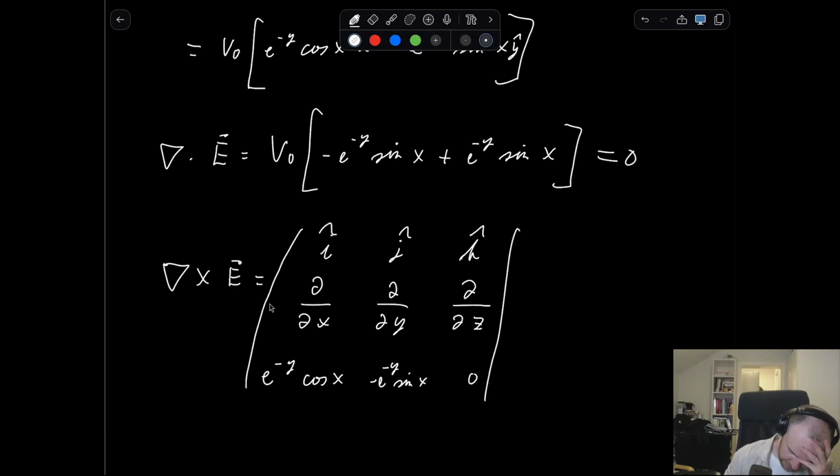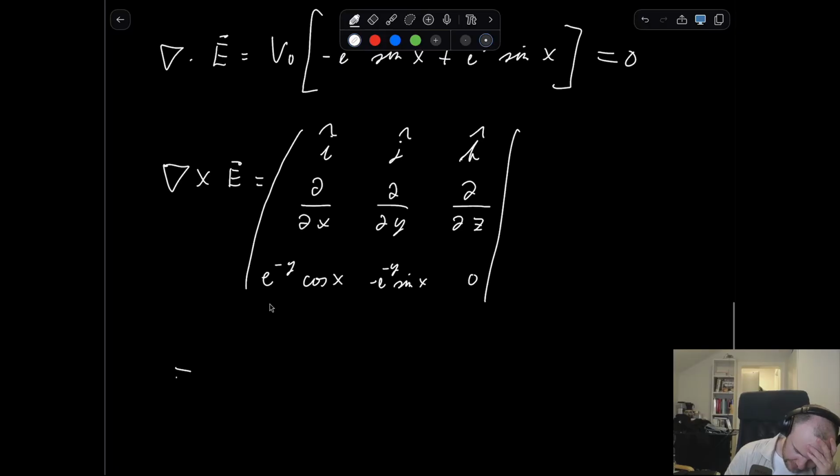Let me do it like that. That's just equal to i hat, cross out this one, partial is 0, there's no z, this is just 0. Minus j hat, j hat goes away, that's just 0. k, there's no z there, so that's also 0.